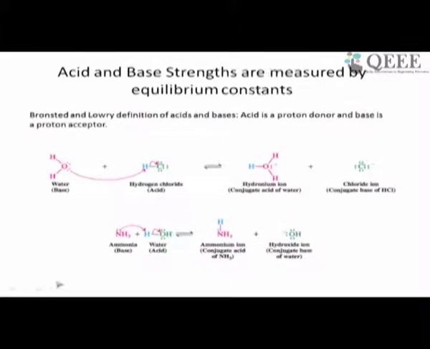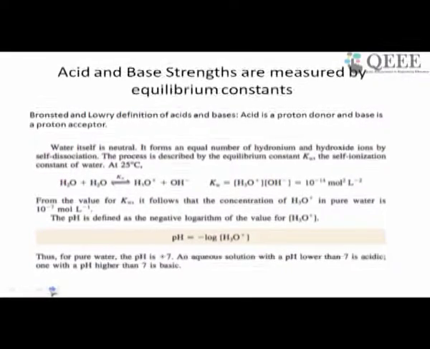So by using the equilibrium constant, you can find the acidity and basicity of different acids and bases. Before I go into the equilibrium constant, we'll talk about pH. Water itself is neutral. It forms equal numbers of hydronium and hydroxide ions by self-ionization.